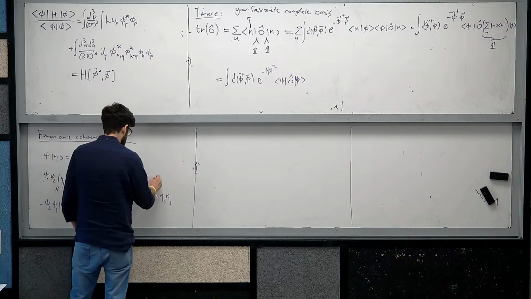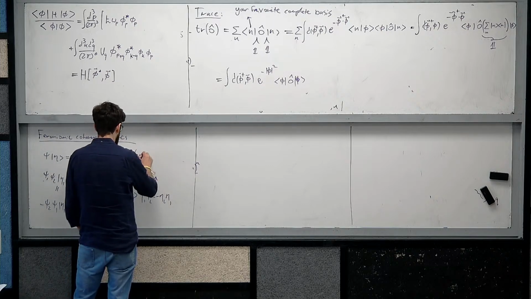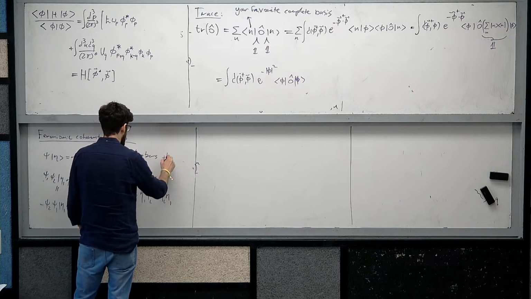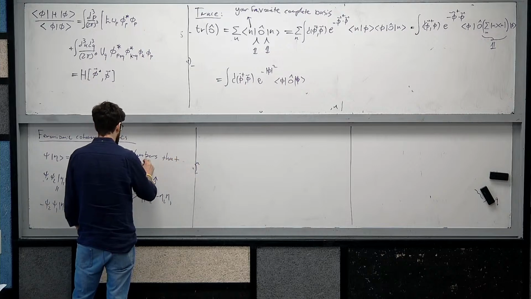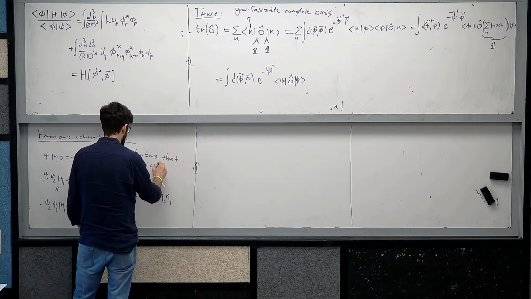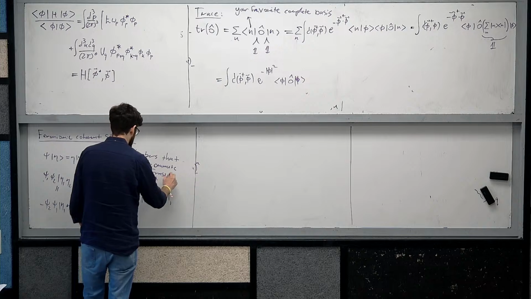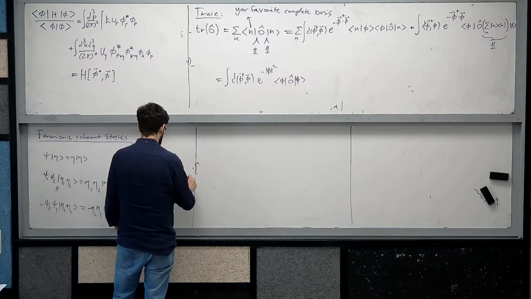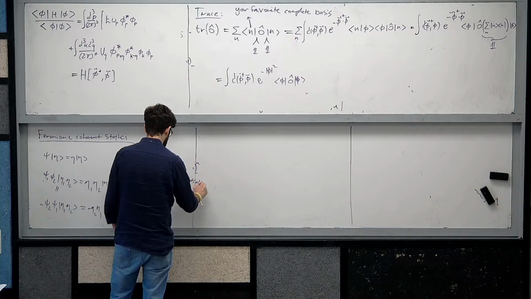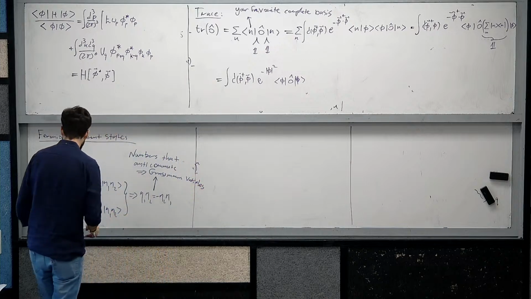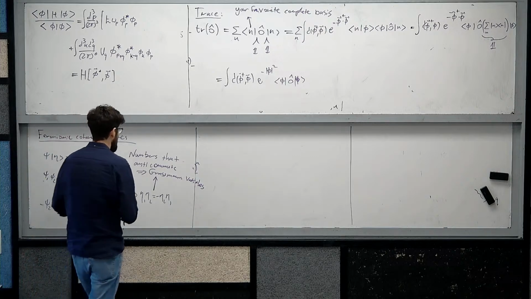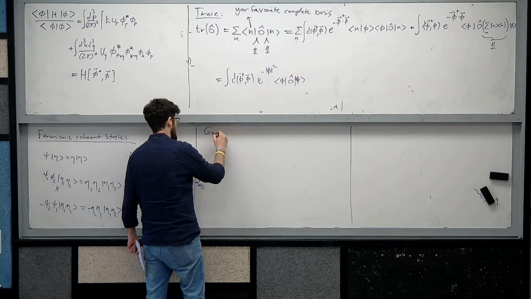So we need numbers that anti-commute, and that's what they call Grassmann variables. Okay, so then we need to say a few words about Grassmann variables.